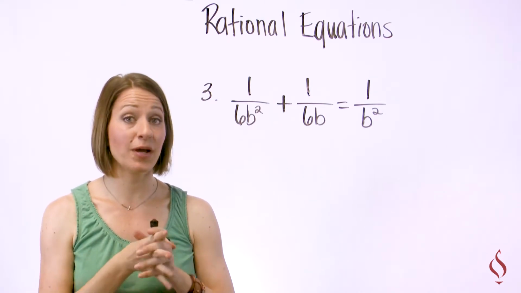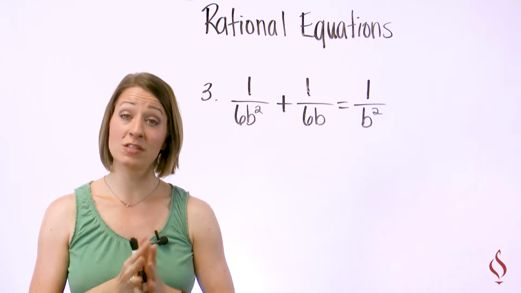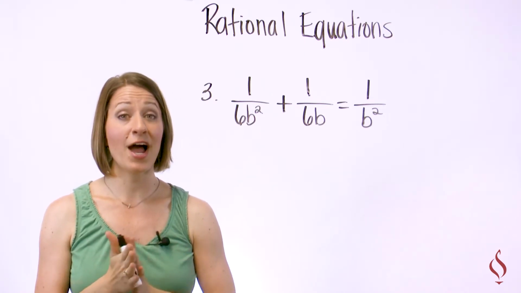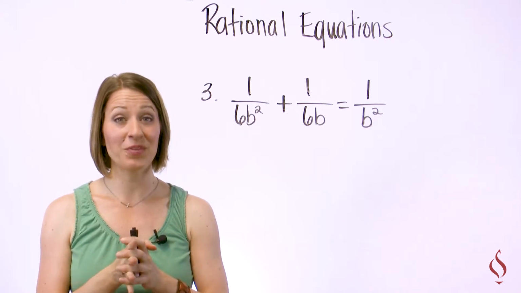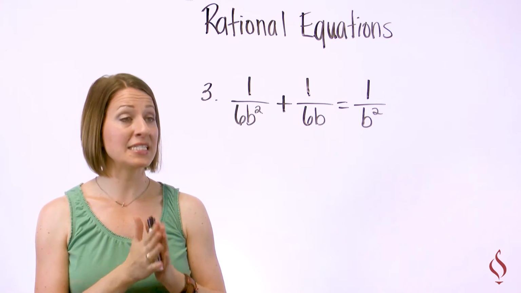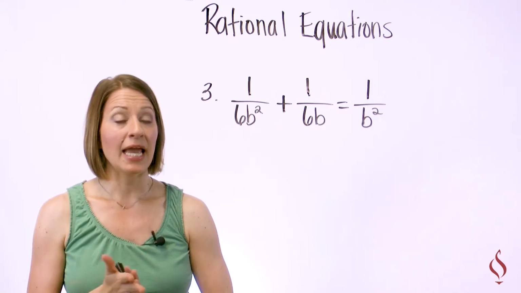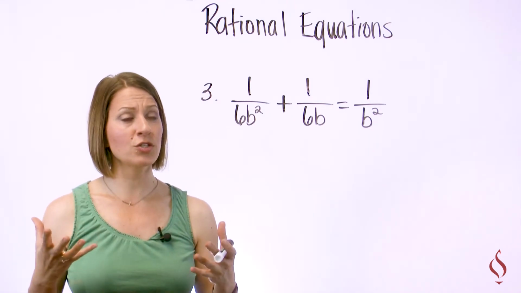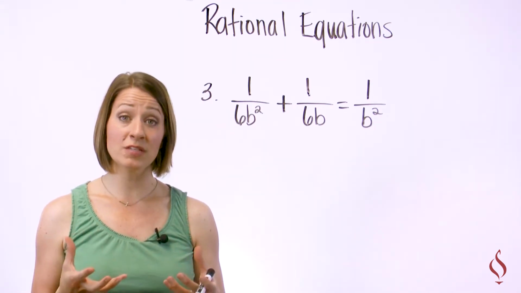If you notice this problem, each of our variables are in the denominator. So this is a new situation, but we can still solve it, and it's still pretty straightforward. We still need to find a common denominator between 6b squared, 6b, and b squared. And it's sometimes harder to imagine a common denominator when you have variables involved.